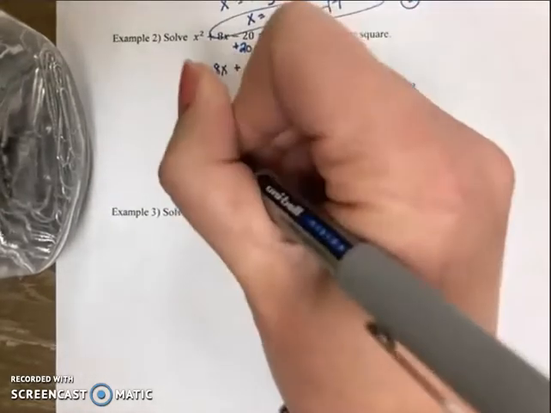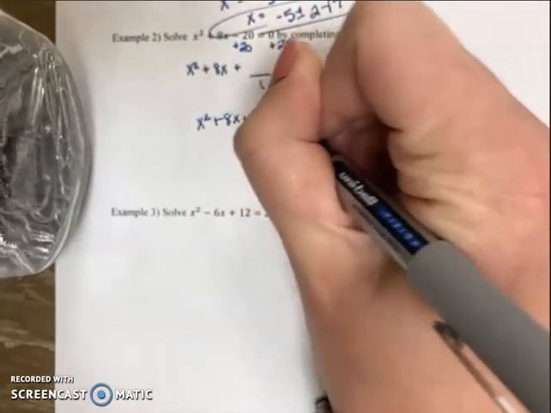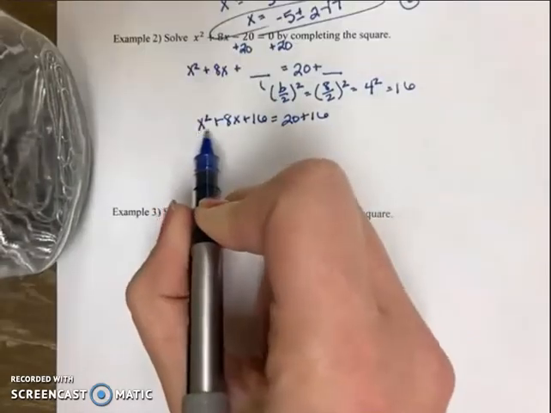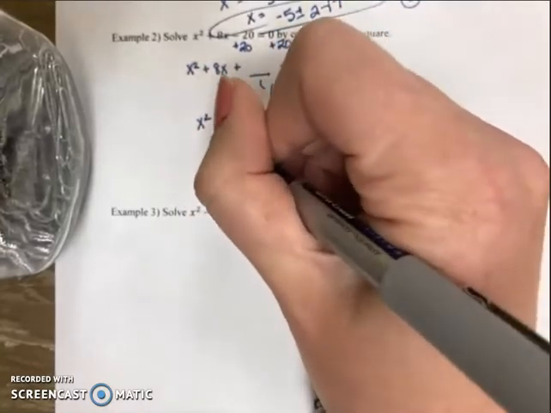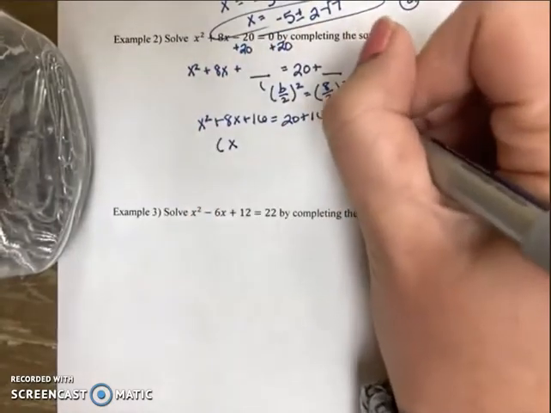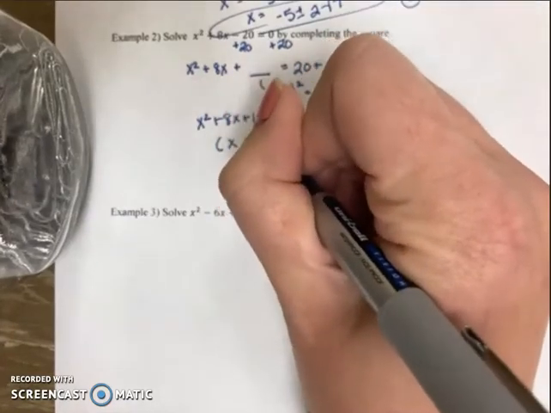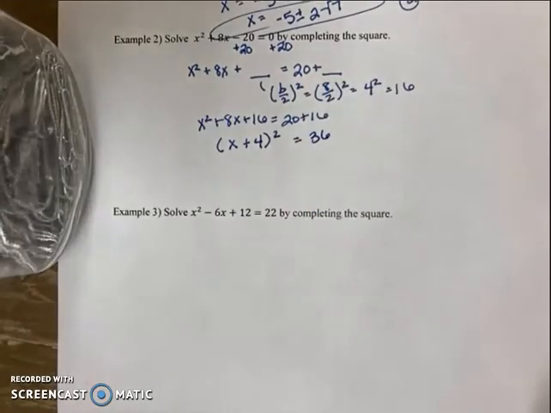I'm going to rewrite it now that I'm plugging it in. So x squared plus 8x plus 16 equals 20 plus 16. This is now a perfect square binomial of x. And then I look here, my b over 2 was a positive 4, so x plus 4 being squared equals 36.